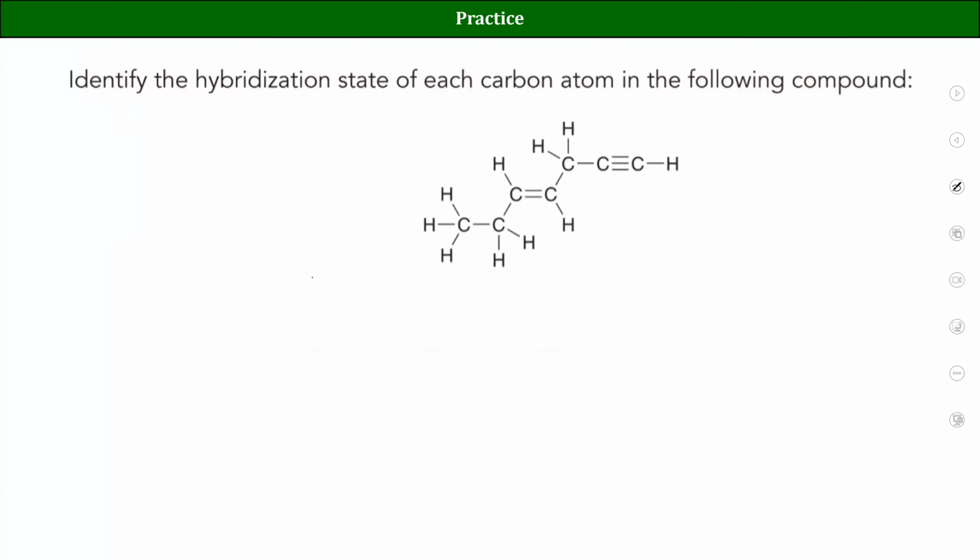Like for this molecule, what's the central atom? Carbon. Well, when we just look at the longest carbon chains, that's how you would name it. But basically every atom that's heavier than hydrogen will have its own hybridization. So when I say what is the hybridization, it's of each carbon atom.